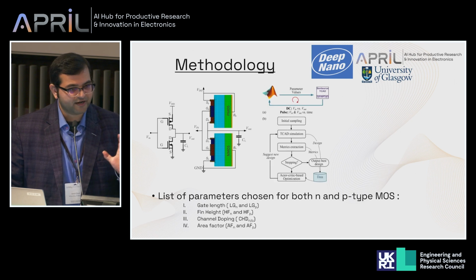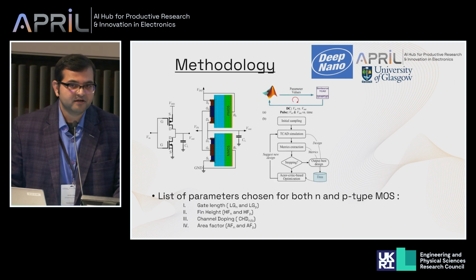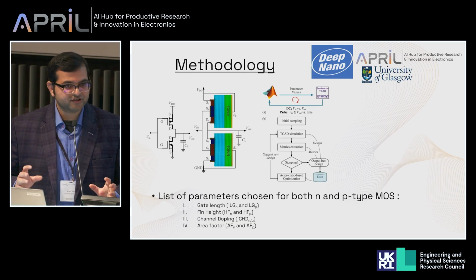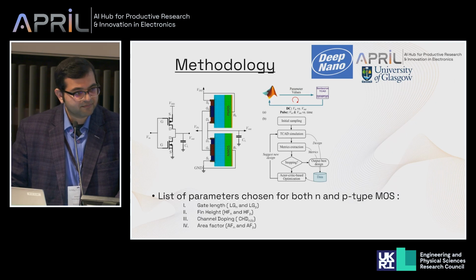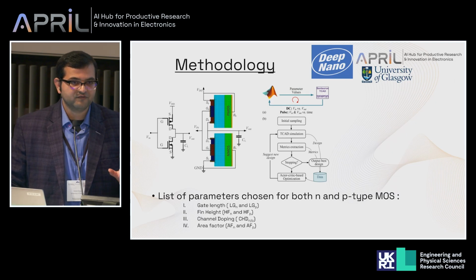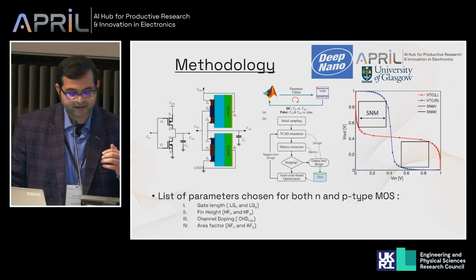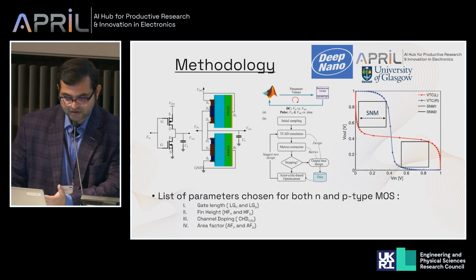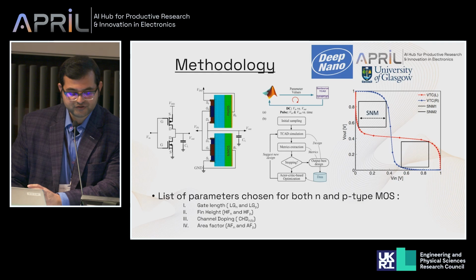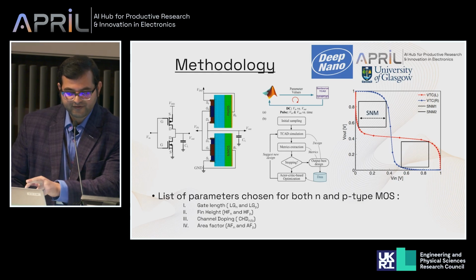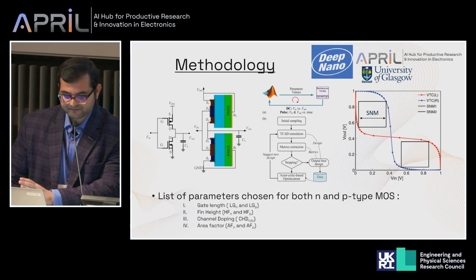So we are trying to develop a machine learning based algorithm so that without doing a large number of simulations beforehand, with a limited number of simulations our algorithm will tell you what the best optimized parameters are for the best output. In this case, I have just considered the VTC curve of the inverter, so that I can derive the static noise margin of the SRAM cell.